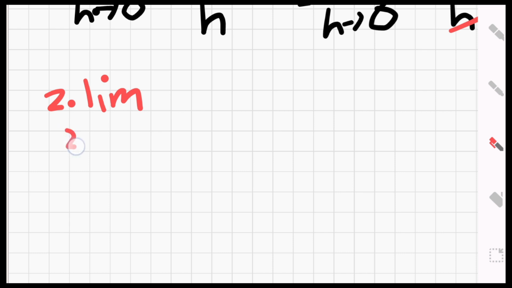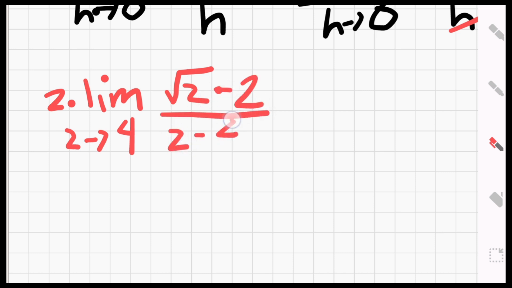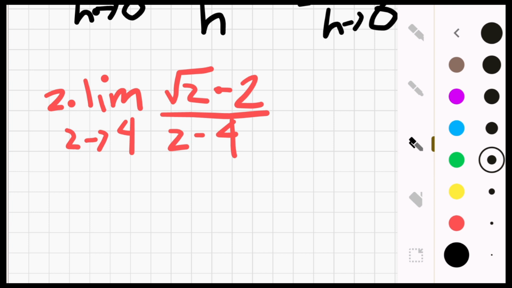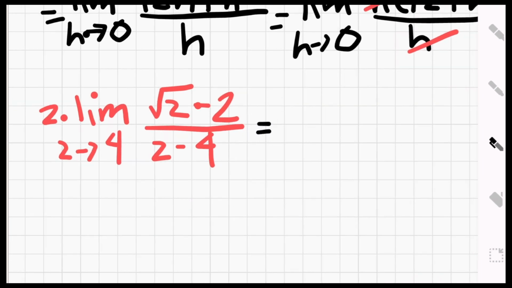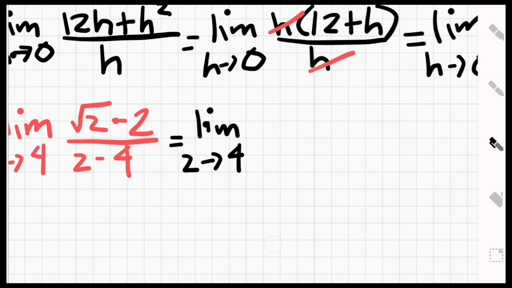Next, we have the limit as z approaches 4 of the expression square root of z minus 2 over z minus 4. In this, we won't be directly substituting the value of z, since this would result in an undefined expression. So what we're gonna do is we will multiply it by its conjugate.